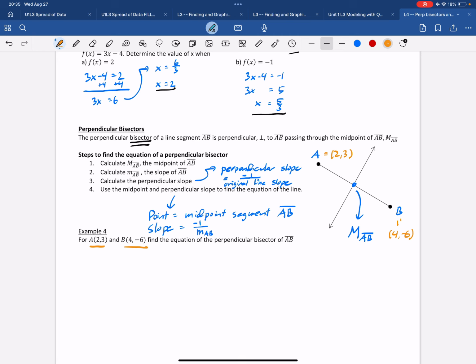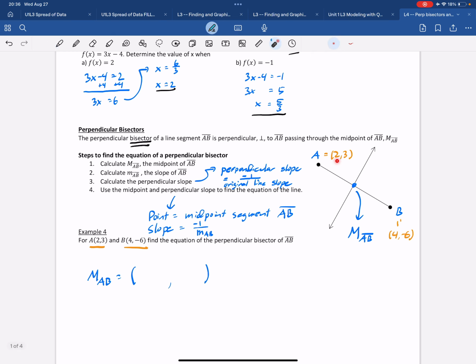Okay, so let's find the midpoint first. We did this, I think, in the first class. To find the midpoint, remember, we just take the average of the x's and the average of the y's. So the average of 2 and 4 is 3, and the average of 3 and -6 is -1.5, I believe. Let's write that out.